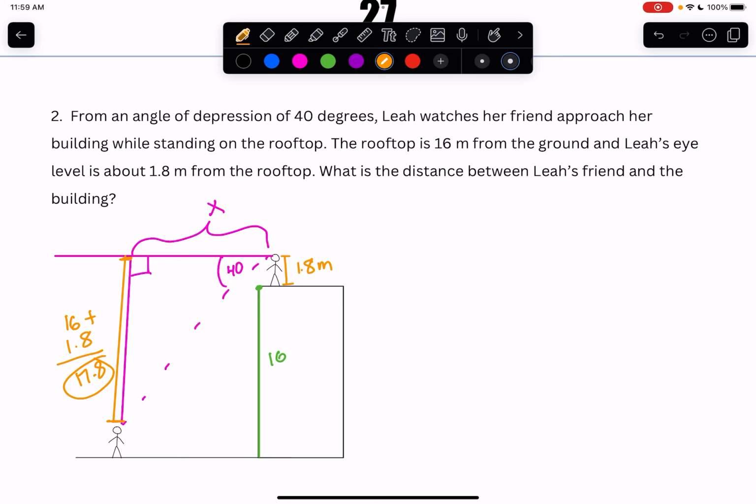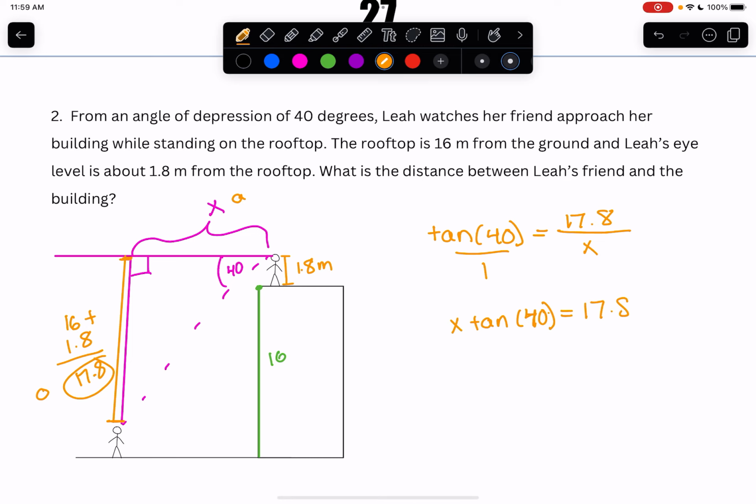So I have 40 degrees, I have my opposite, and I'm looking for my adjacent. So I am again going to use tangent of 40 is equal to my opposite 17.8 over x, my adjacent. Now when I cross multiply, I have x times the tangent of 40 is equal to 17.8.